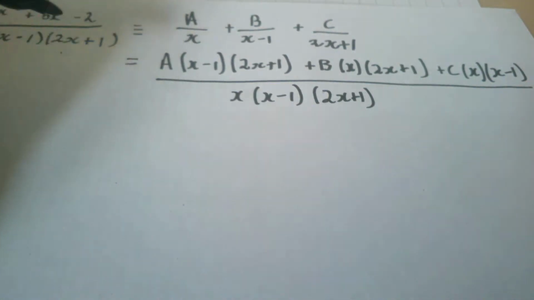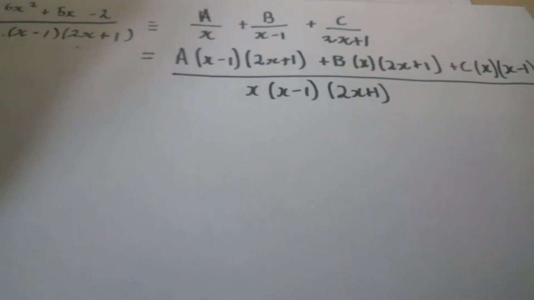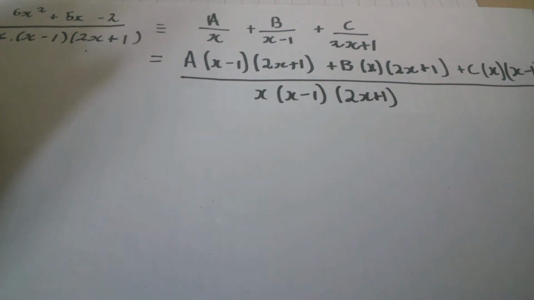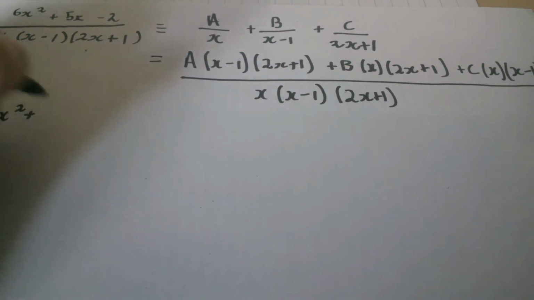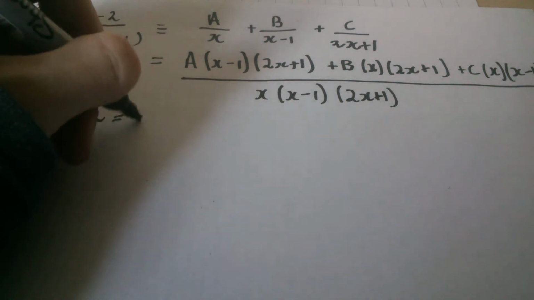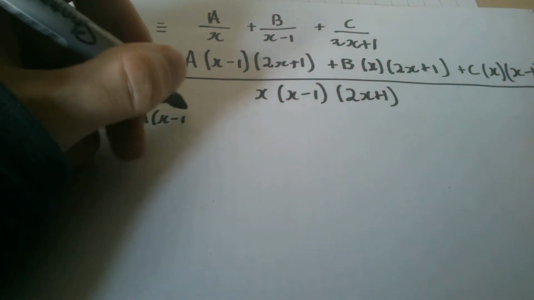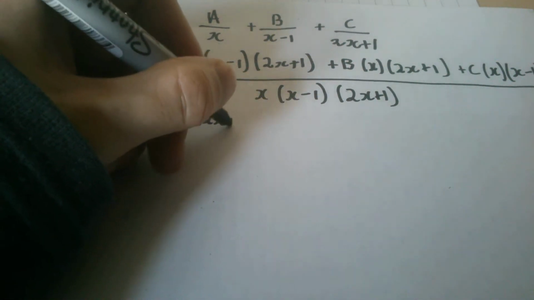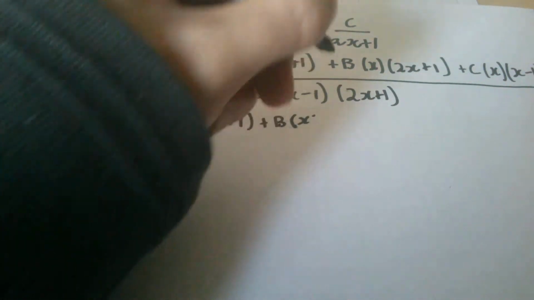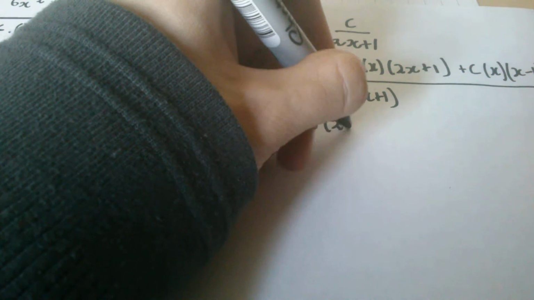Again, since this is an equivalence relationship, you can make the numerators equal to each other. So you have 6x squared plus 5x minus 2 equals a(x minus 1)(2x plus 1) plus b times x times (2x plus 1) plus c times x minus 1.